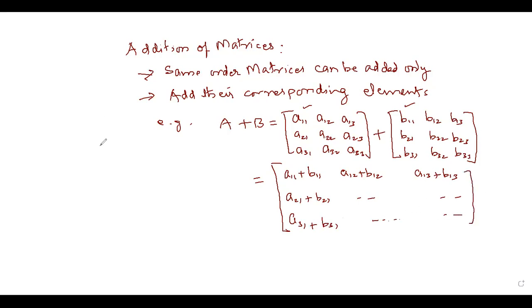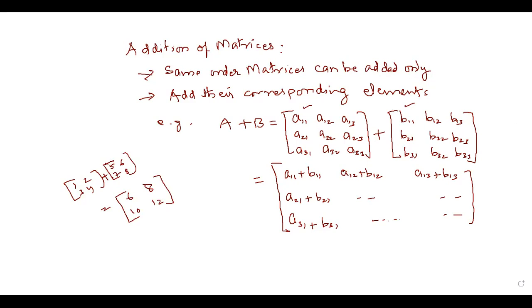For example, the 2 by 2 matrix 1, 2, 3, 4 added with 5, 6, 7, 8: 1 plus 5 is 6, 2 plus 6 is 8, 3 plus 7 is 10, 4 plus 8 is 12. Like this, we can add any two matrices.